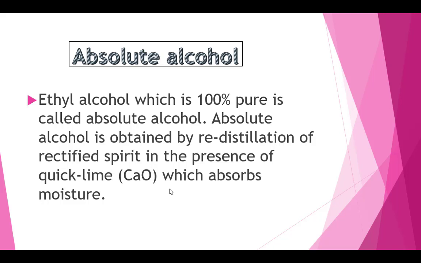Dear students, the alcohol obtained by the preparation of fermentation is not absolute because it is only 12 to 14%. And absolute alcohol is 100% pure, and the purity for this absolute alcohol is obtained by the repetition of the distillation process by redistillation of rectified spirit in the presence of quicklime.